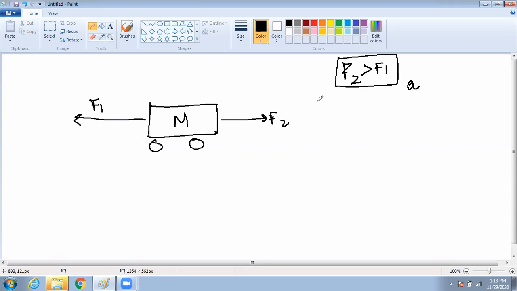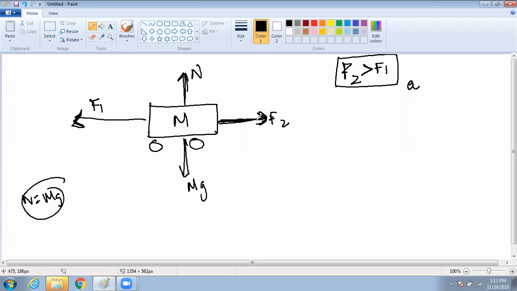In this type of problem, you have to understand the condition: F2 minus F1, that means F2 is larger than F1. You have N also, you have mg also, but those are cancelling. Always N equals mg. So forget about that. That means there is a larger force on this side.